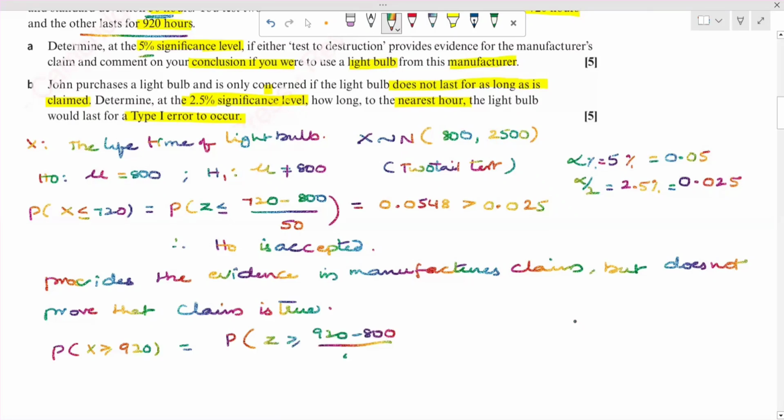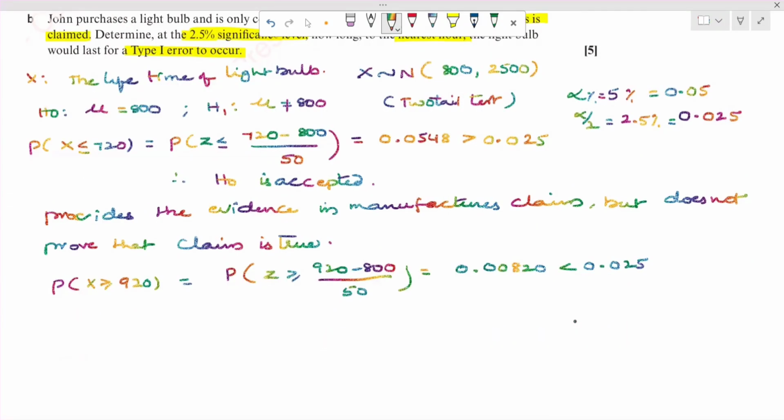If you simplify that, using your calculator, it will be 0.00820. So it is less than 0.025. It means H naught is rejected, which means H1 is accepted.